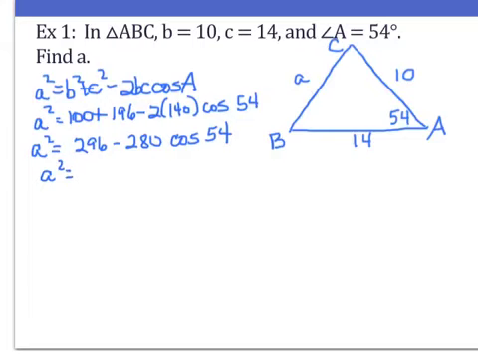So when you plug all of this into your calculator, you get 131.4201. And then we're going to take the square root of that, and this gives us a side of 11.5, and you can just round these answers to one decimal place. Let's try another.